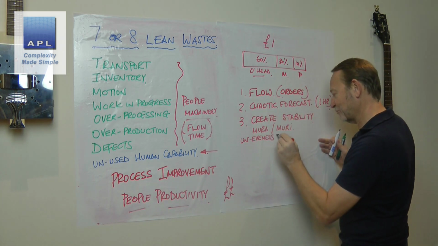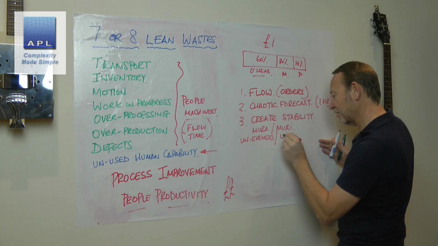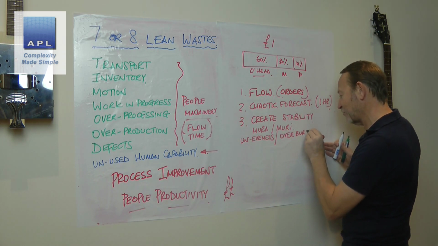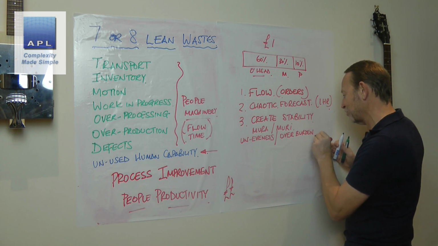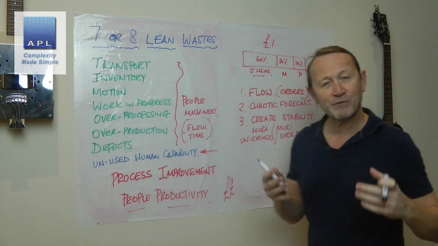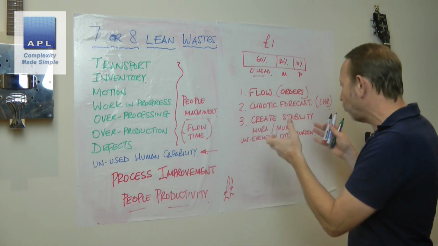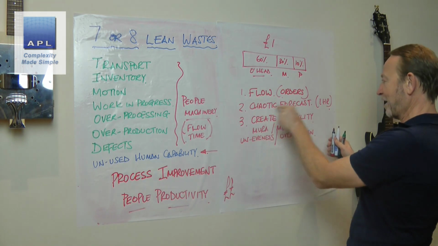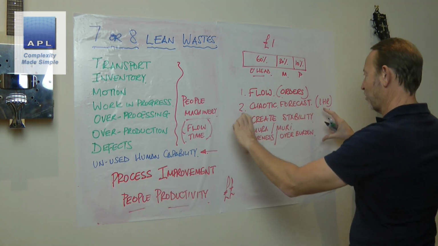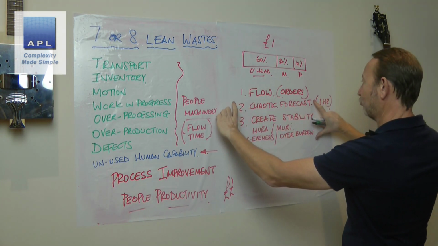One is overburden, extra activities that your operators have become used to doing, which is over and above the standard work that you expect them to do, which is weighing them down, and it creates instability.